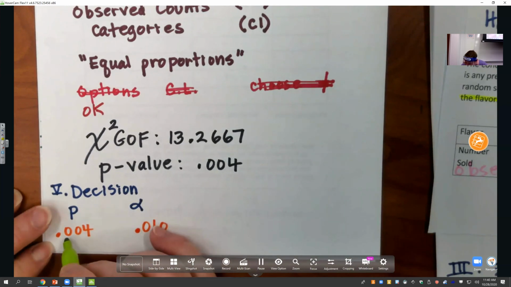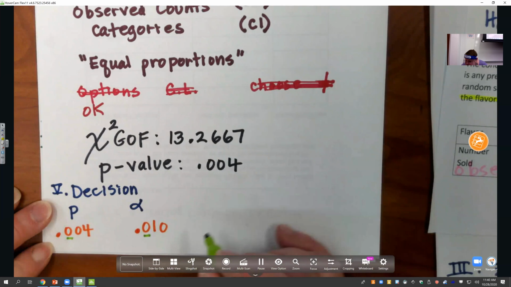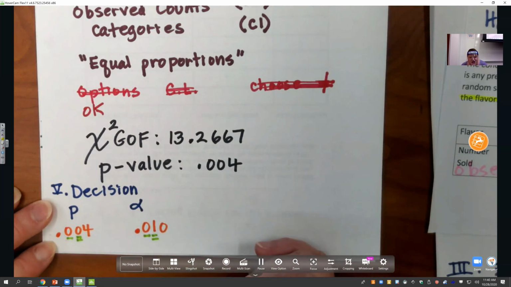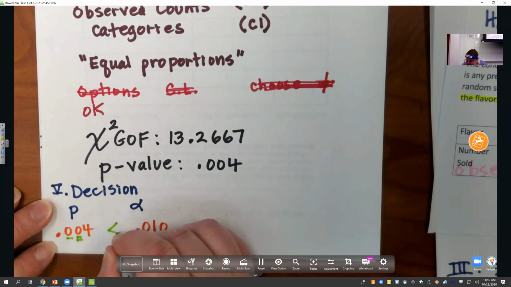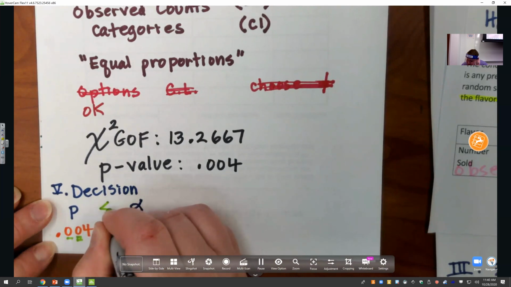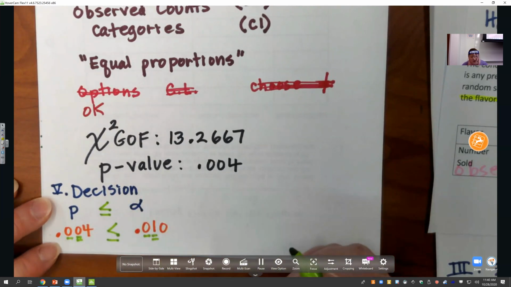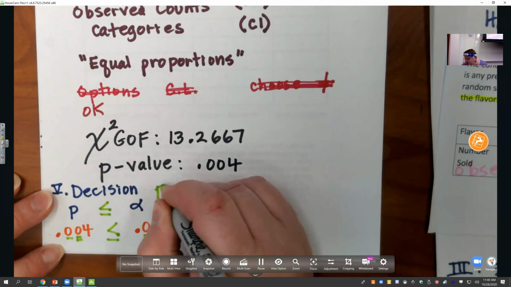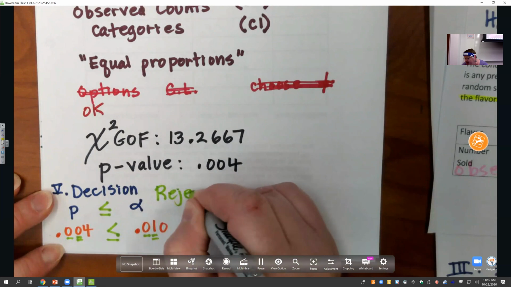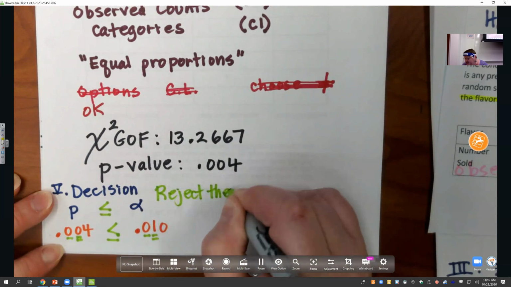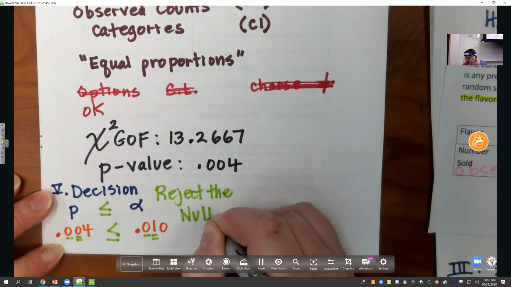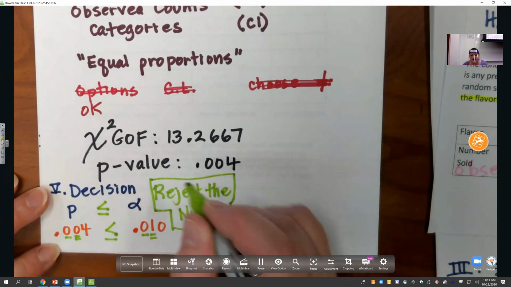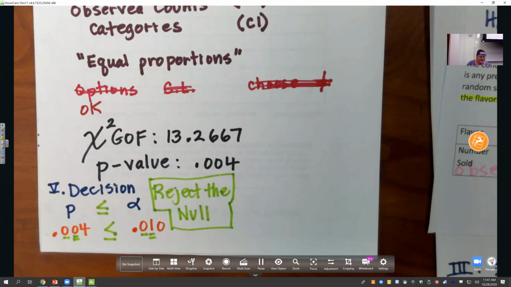So let's see, 0 compared to 0, there's no difference. 0 compared to 1, 0 is less than 1, so P is less than or equal to alpha, which means we reject the null. Okay, so there's our decision.